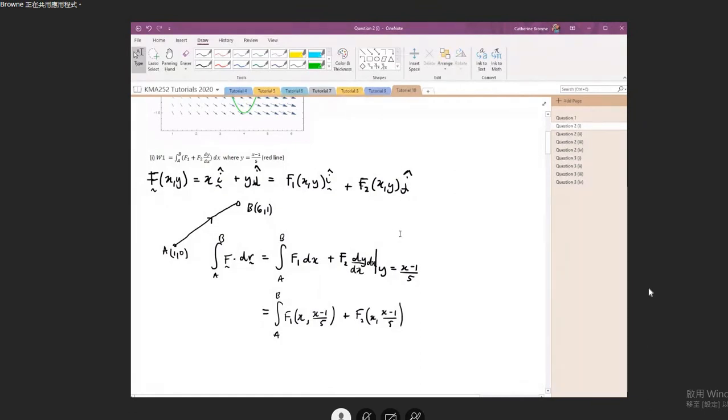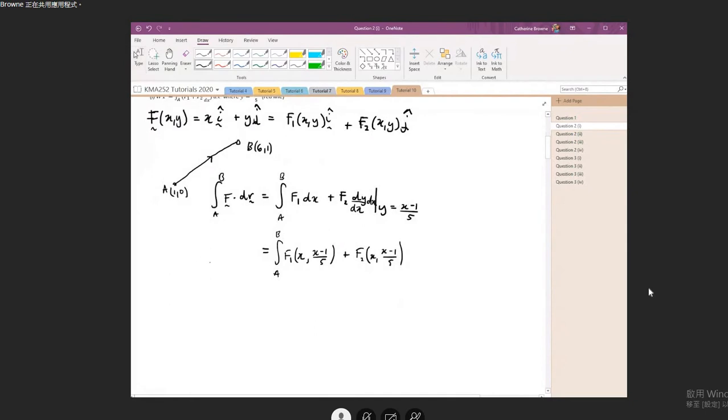So we need to find dy/dx, which in this case is just the constant 1 on 5 dx.